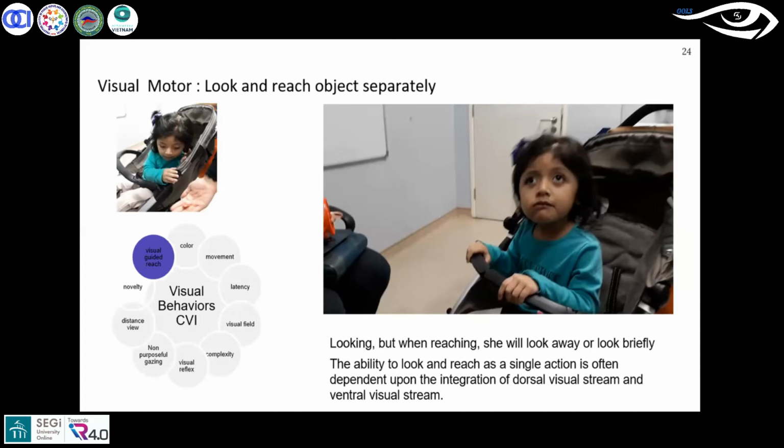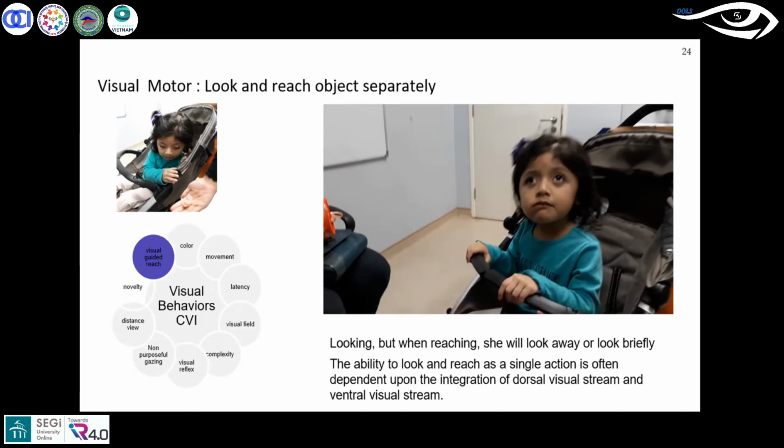I wonder if you notice that she's moving her head from side to side. This means that by moving her head side to side, she gains the ability of movement, because when she moves, the object is also moving and her vision will be improved, because she needs an object that moves in order to respond better.